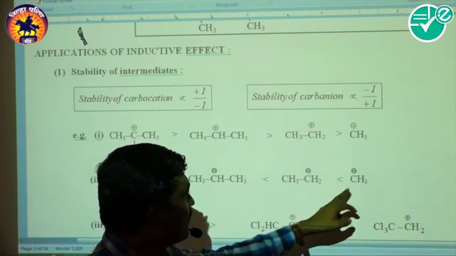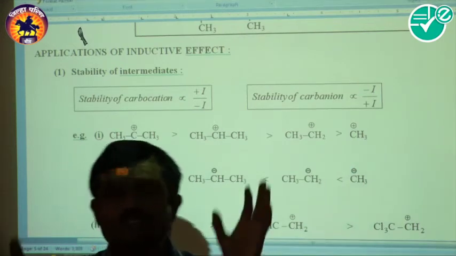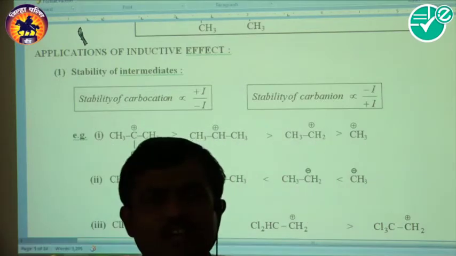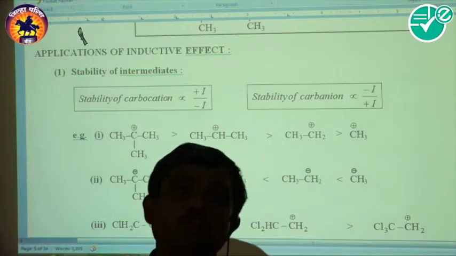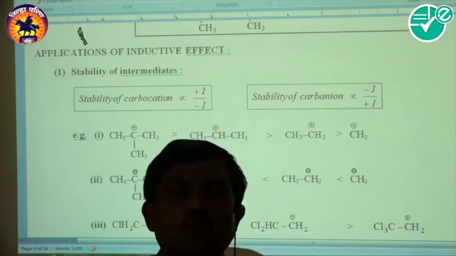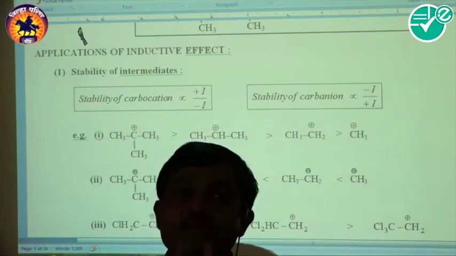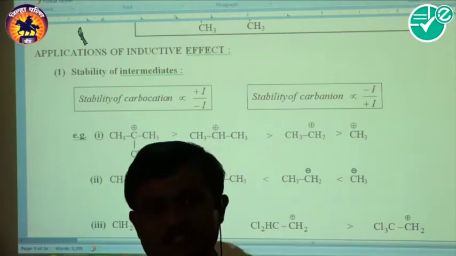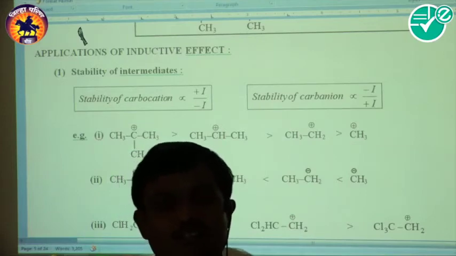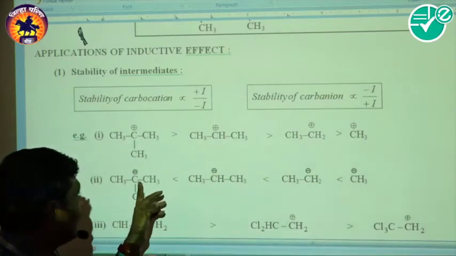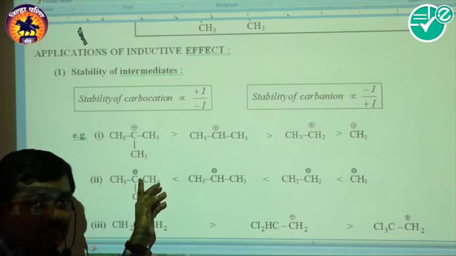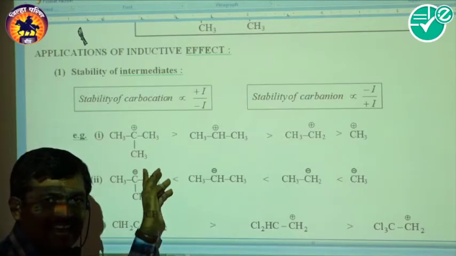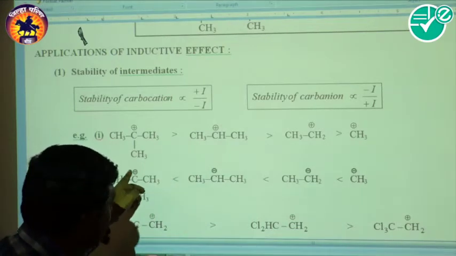Electron density: if a species already has electron density, and some other species gives more electron density towards it, then it becomes more unstable. Look at this carbon, which has the carbanion and already has electron density.